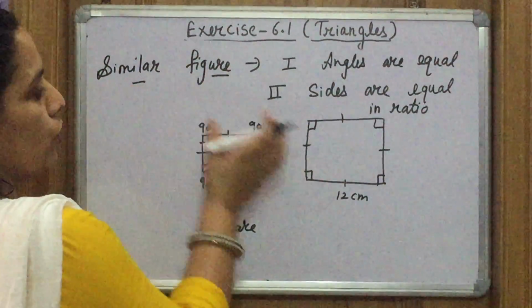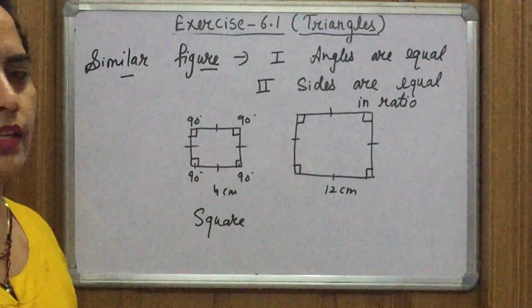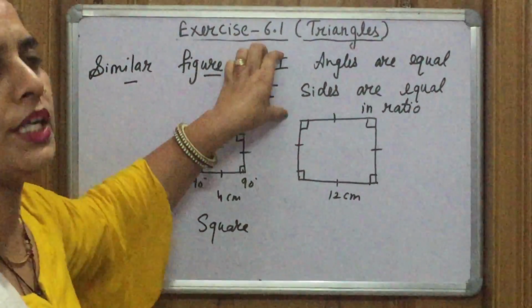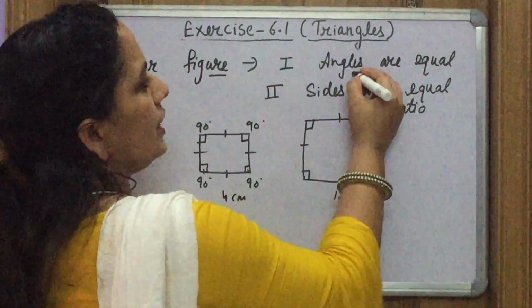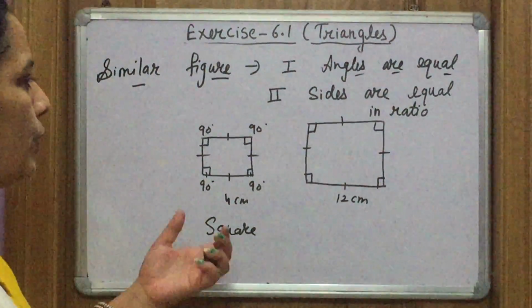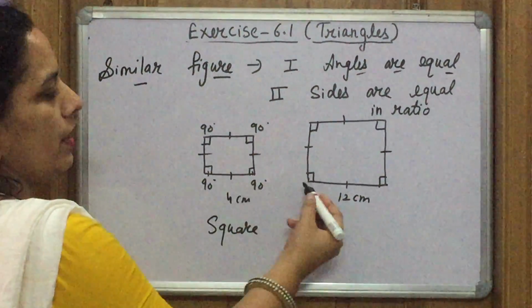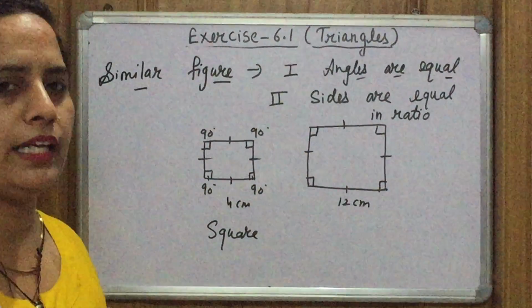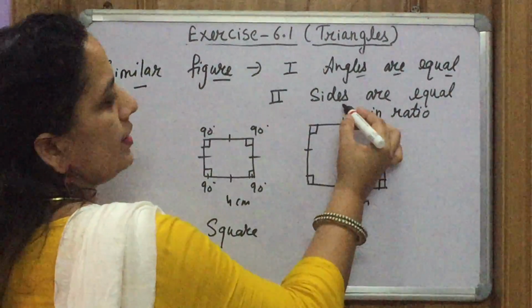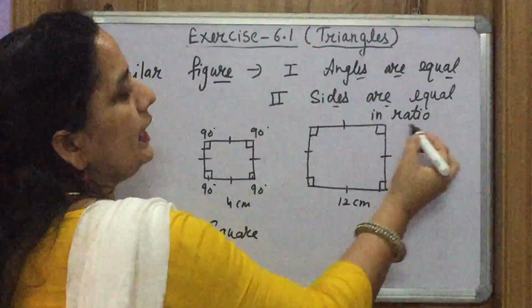So to show these two figures are similar, they must satisfy these two conditions. The first condition is angles are equal. Now you can check that all the angles of these two figures are equal. Second condition is sides are equal in ratio.